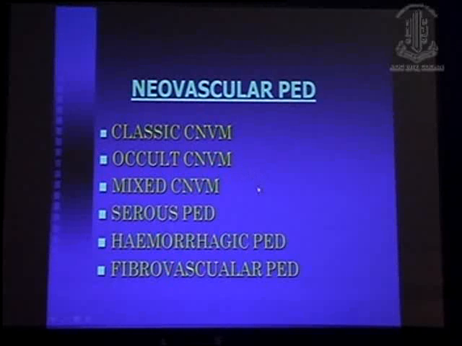And then we come to the neovascular PED, which consists of the classic, occult and mixed, which was very important in an arena where we were doing the PDT, either as a combination or a single therapy.